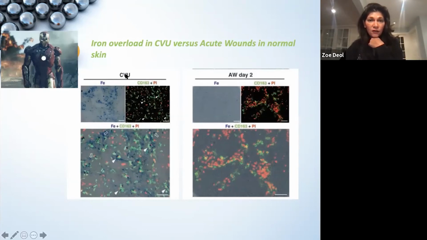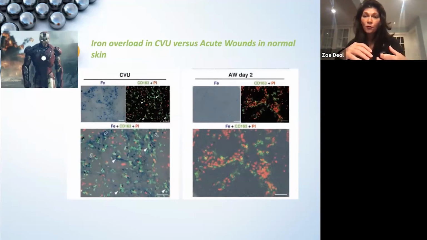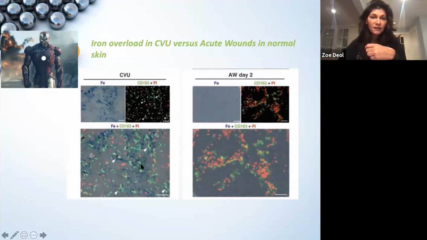So this is a chronic venous ulcer, and this side is just an acute wound. And if you look under the microscope, the blue staining is iron pigment, very little in an acute wound. The green staining is CD163, which represents the macrophages. And the red staining is propidium iodide, which is the nuclei staining, which is new cells growing. So you see in a venous wound, it looks like utter chaos because these CD163 macrophages are, I call them macrophages gone wild, on spring break.